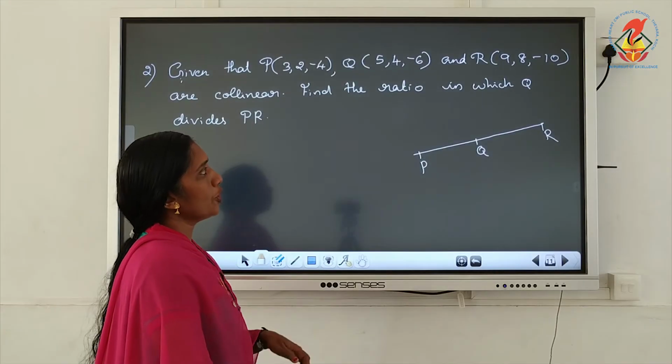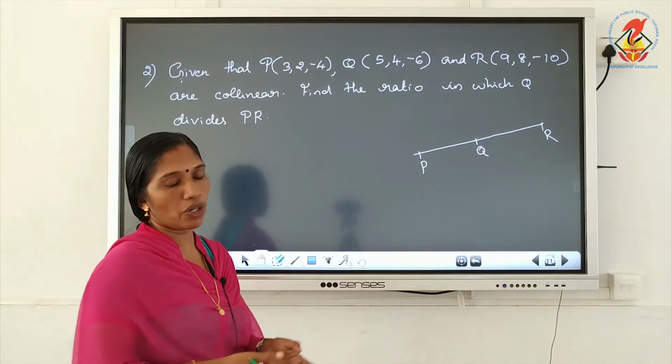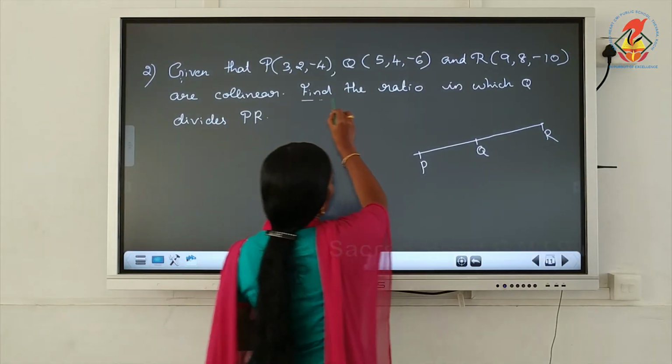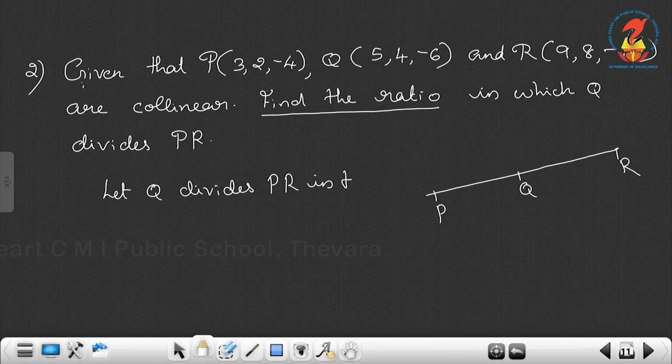We don't know whether Q is in between P and R or external, that is internal division or external division, that we don't know. Here the question is find the ratio. So we take k is to 1. Let Q divide PR in the ratio k is to 1.